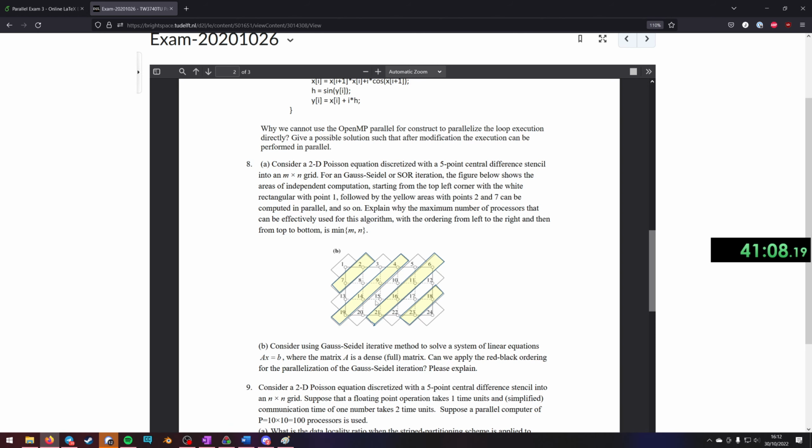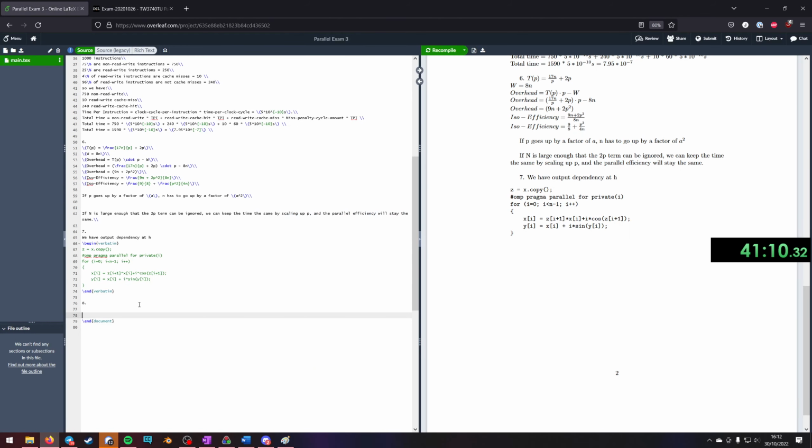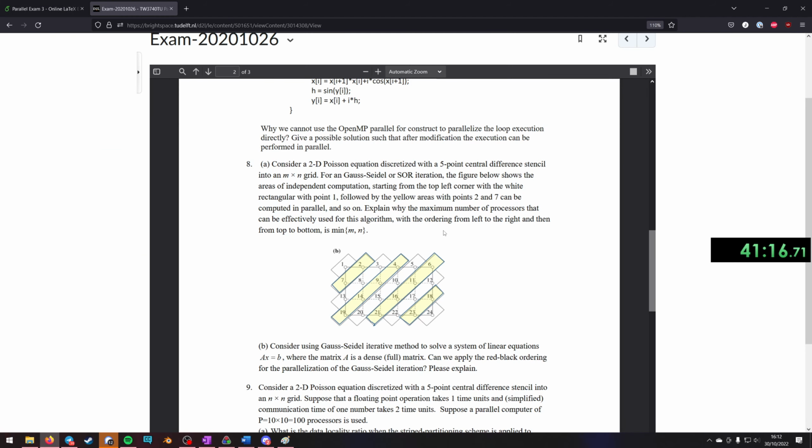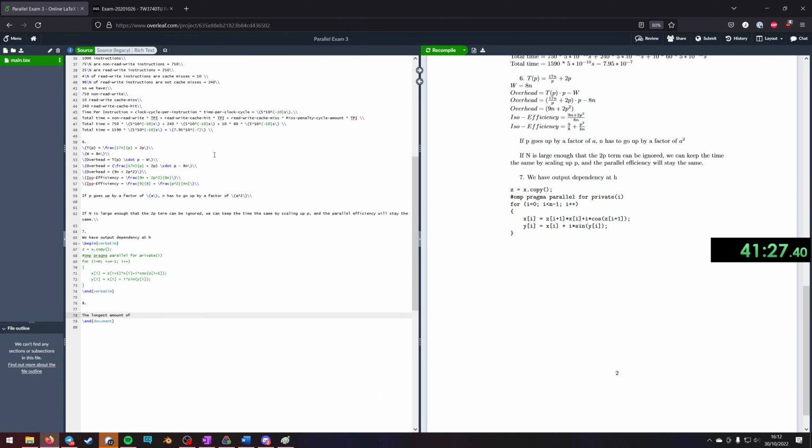So the longest amount of areas of independent computation is one of these diagonal lines.